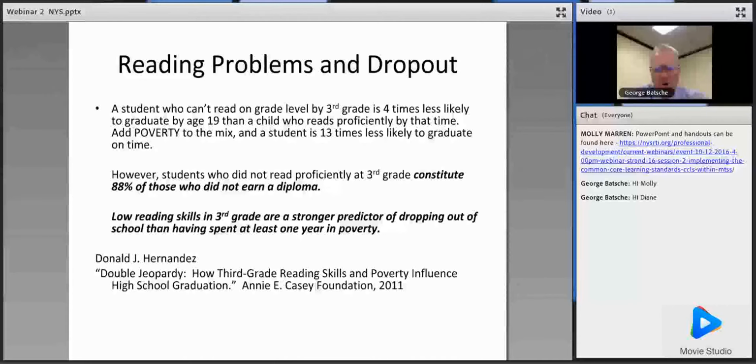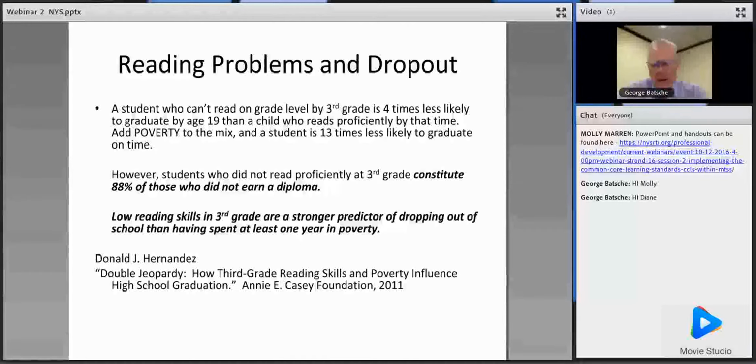And what he found out was that if we have students who are reading at grade level at the end of 3rd grade, even though they live in significant poverty, their chances of graduation are much higher. And so therefore, teaching reading to poor kids, we can't do much about the poverty, but if we can get them to read successfully, we truly have made a significant difference in their on-time graduation rate and their post-secondary outcomes.